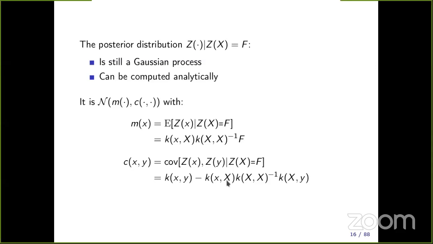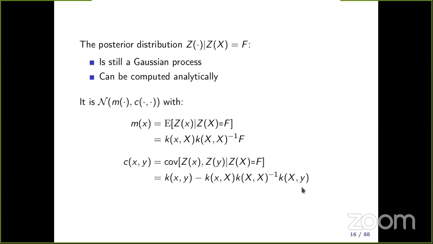Uppercase X is a vector of the input locations of the observations. So this will be a matrix that has one line and n columns. If we have n observations, this is going to be an n by n matrix, and this is going to have n lines and one column. So this expression here is just a scalar. I hope that clarifies.